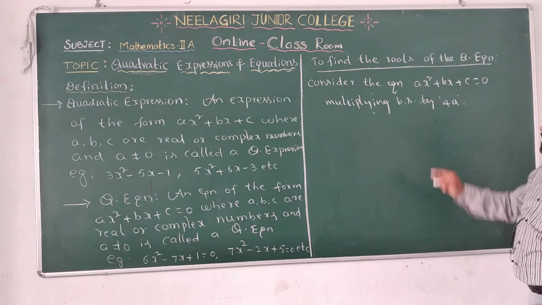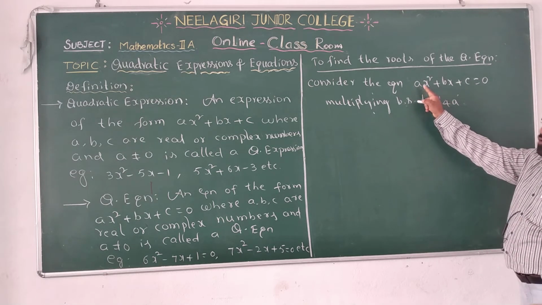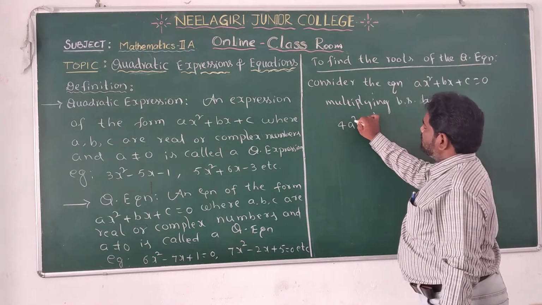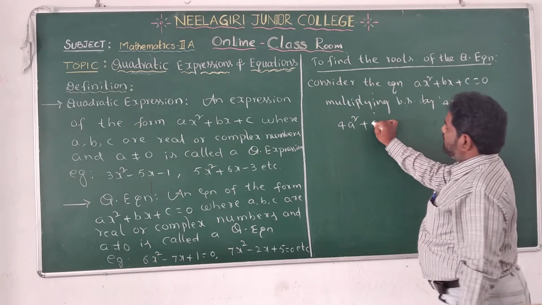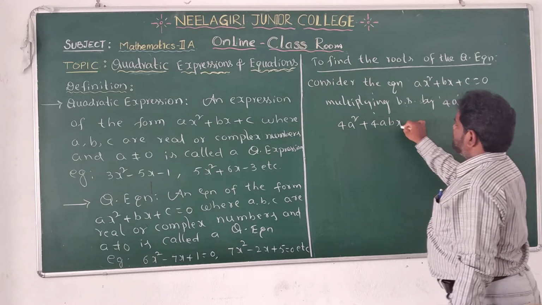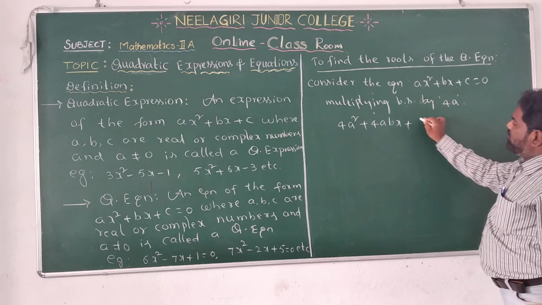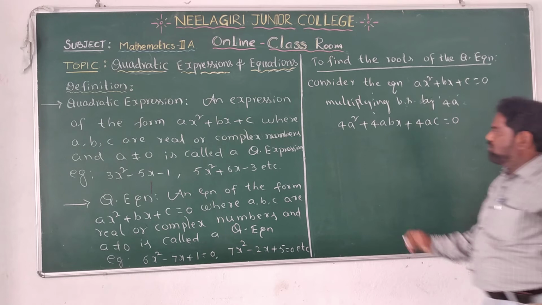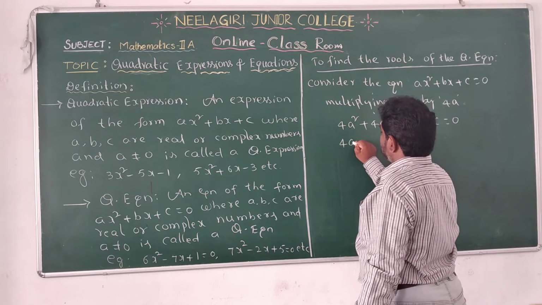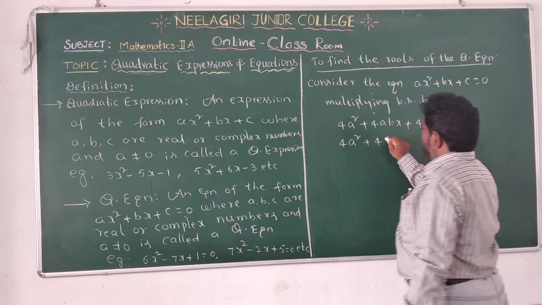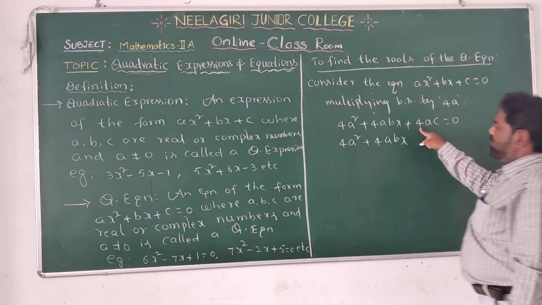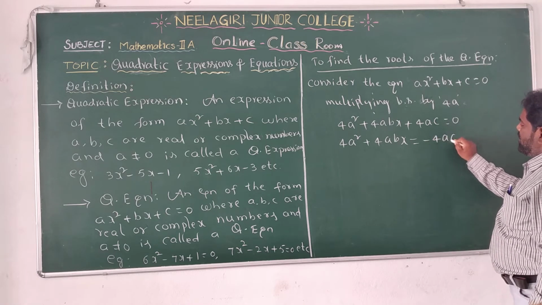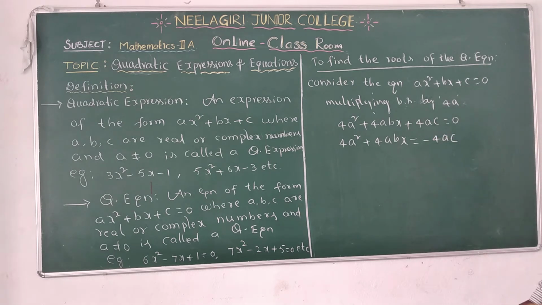What will come? Let us check. Every term is multiplied by 4a. 4a into a is 4a square, the first term. Second term, 4a into bx is 4abx. Third term, 4a into c is 4ac, equal to 0. Now this is 4a square x square plus 4abx plus 4ac equals 0. Transposing 4ac to the right side, take minus 4ac.